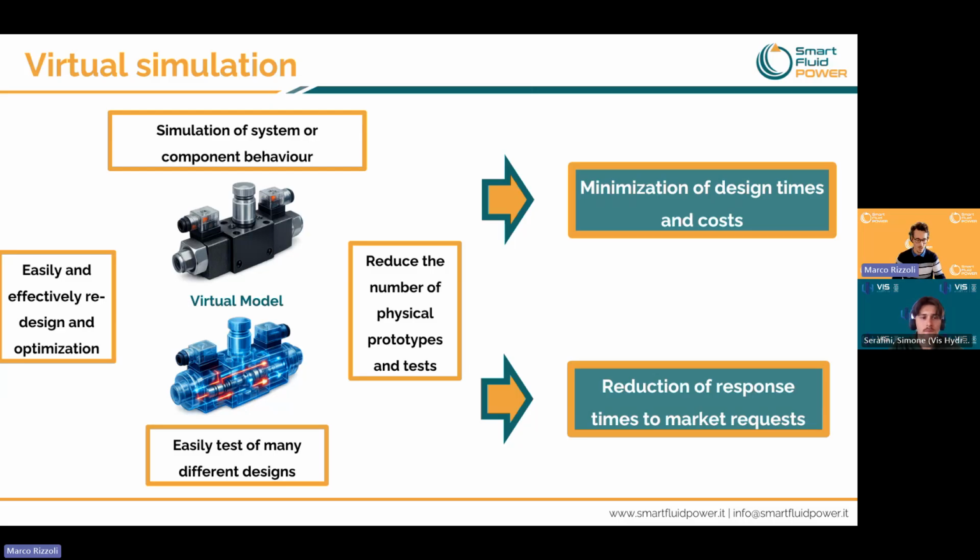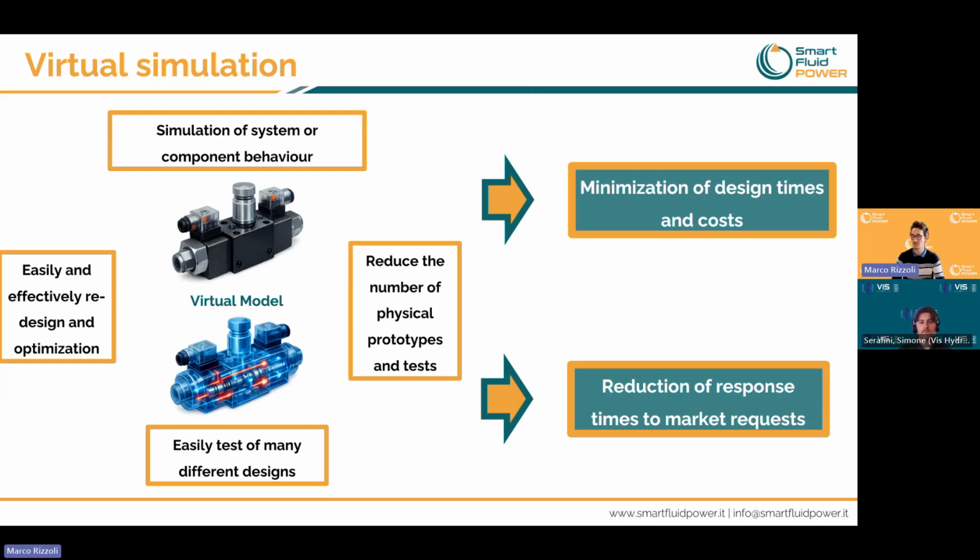I mean, how often does it happen that if you are a valve producer or a component producer for the fluid power field, you design your model, you test it, and then when you deliver your product to your client, you receive feedback with a different response, different behavior?